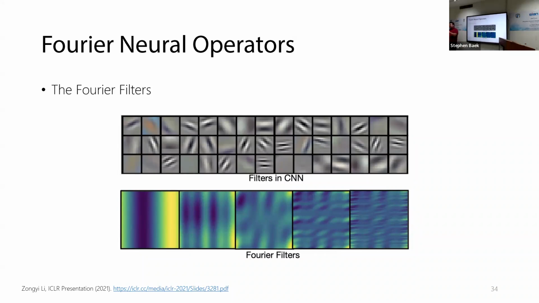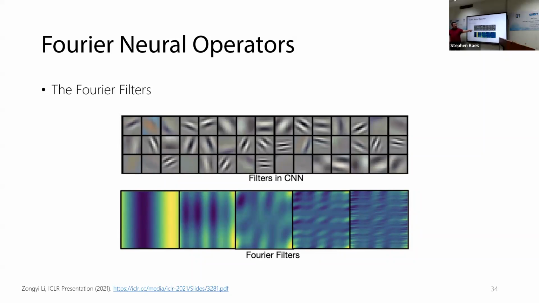You basically have sine functions with different frequencies, and as a combination of those sine waves, you can generate lots of different patterns. So the Fourier layer is basically like the convolution layers, except that the filters are now represented as a continuous function. The other thing is the Fourier transform is applied to the entire domain.